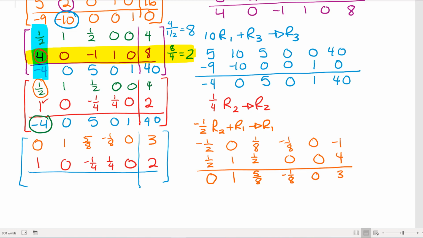And now I need to get that negative 4 to become a 0. So the opposite of negative 4 is positive 4, times the row with the 1 in it, in this case row 2. Add it back to row 3 and put it in row 3.